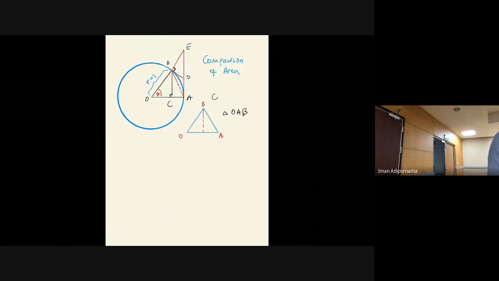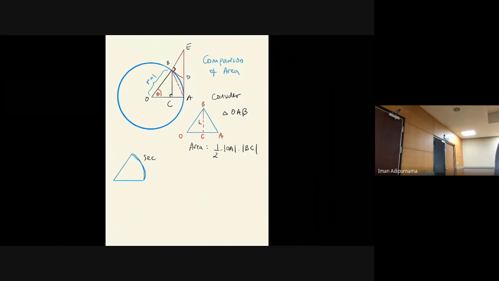The area for this triangle, you have a height here, so the area will be half OA times BC, right? And the other part, the area like a pizza, we call it a sector.